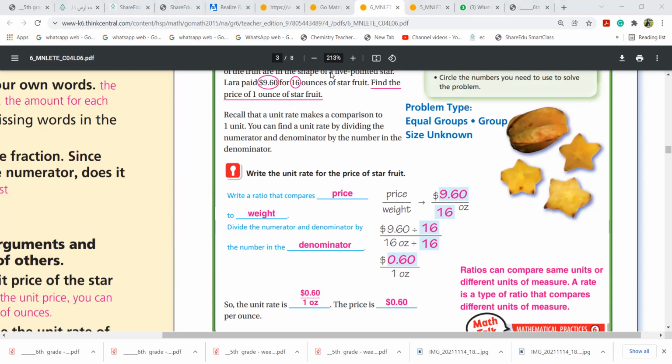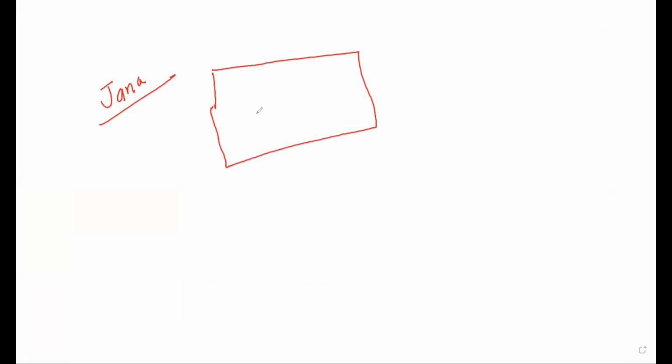Now see here, I'll give you an example. Jana, are you listening? You went to a shop. Tell me your favorite chocolate. Snickers.